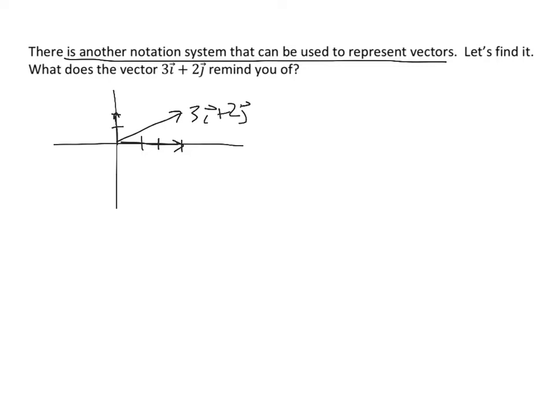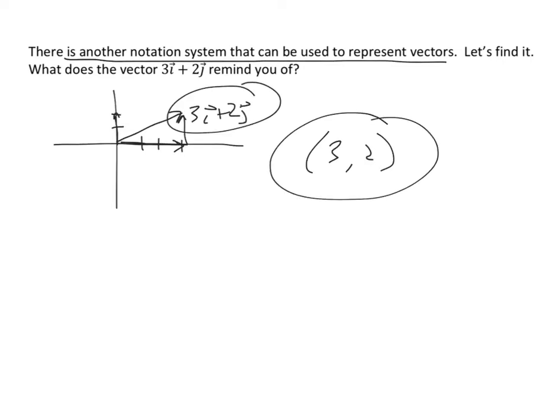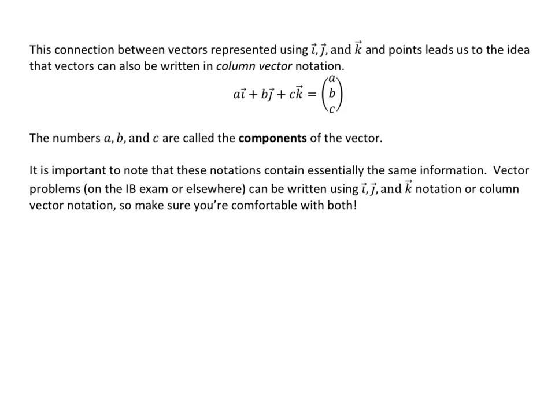Hopefully that reminds you that the point 3 comma 2 is also over 3 and up 2. It feels like the idea of a point and a vector are really similar to one another. I'm going to talk about the difference between points and vectors later in the lesson. For now, I just want us to recognize that they are similar to one another, and we're going to use that similarity.